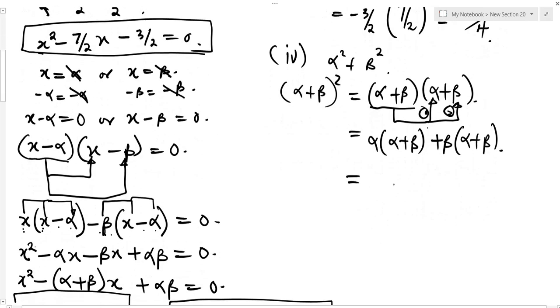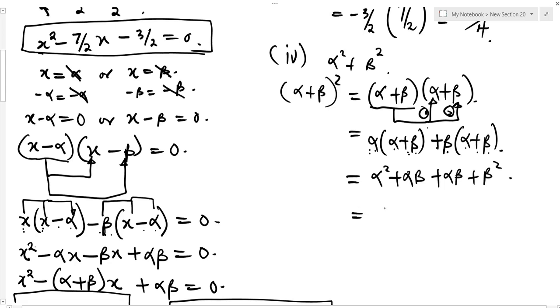Now if you open the bracket, you have alpha times alpha will give you alpha square, alpha times plus beta will give you plus alpha beta, beta times alpha will give you plus alpha beta, plus beta times plus beta will give you plus beta square.